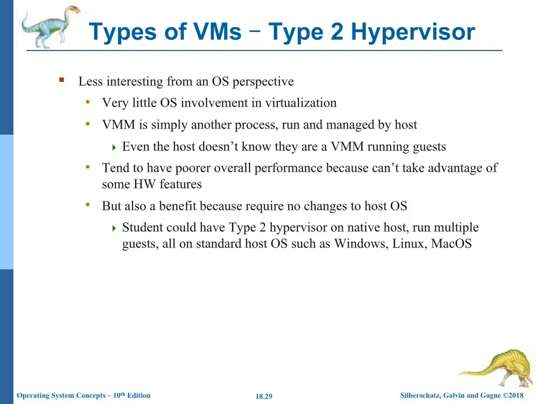So in this case, we have a physical machine, which is the hardware. Then on that is an operating system installed on the hardware, such as Windows, Linux, or Mac. And a Type 2 hypervisor software is within that operating system. Then we have the actual instances of guest virtual machines.